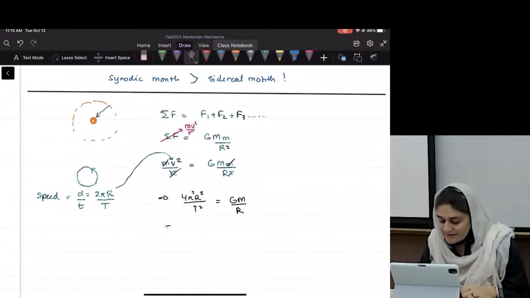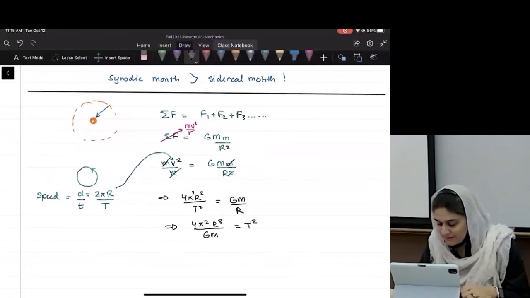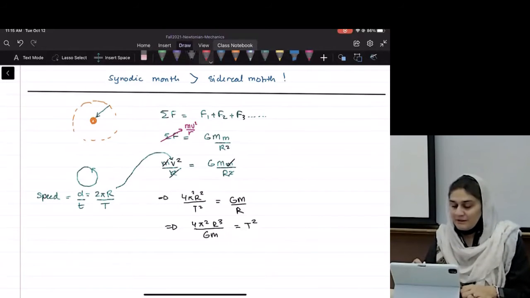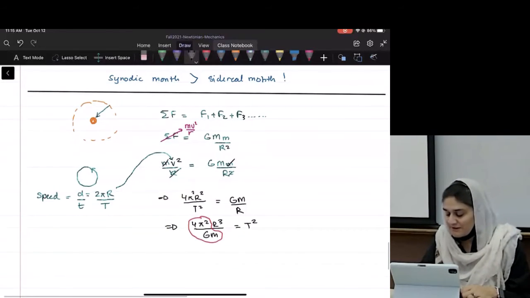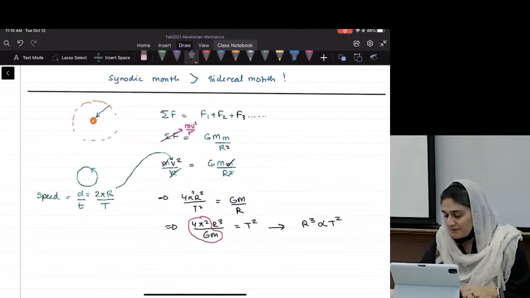May I write this as 4 pi squared r cubed divided by GM equals T squared? Is this a constant? So can I inversely write this as r cubed is proportional to T squared?